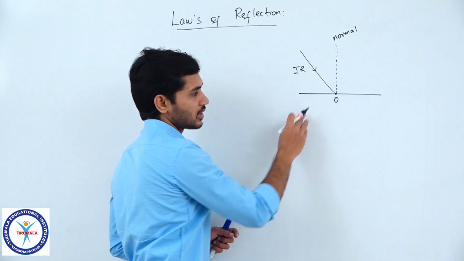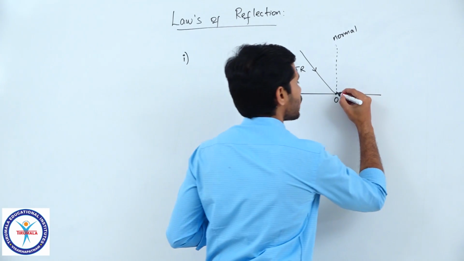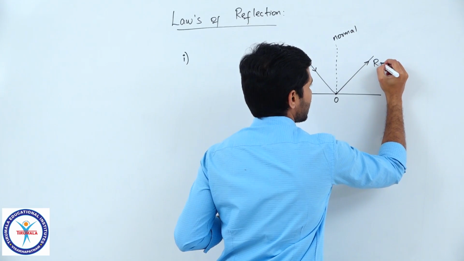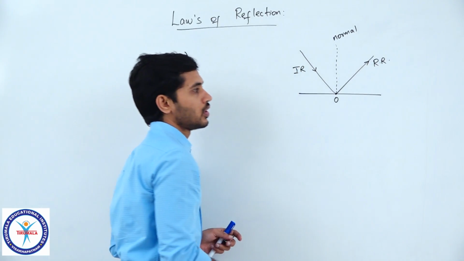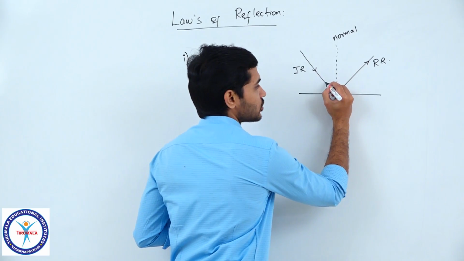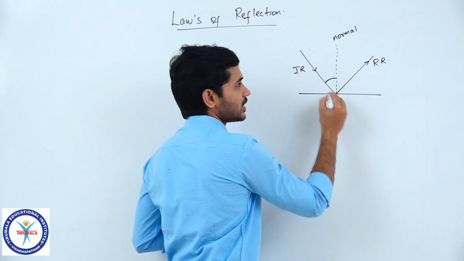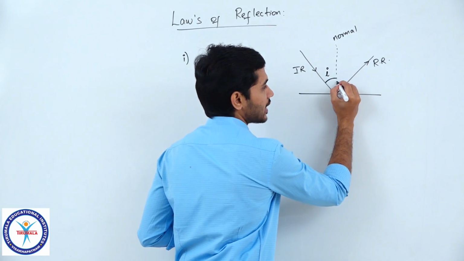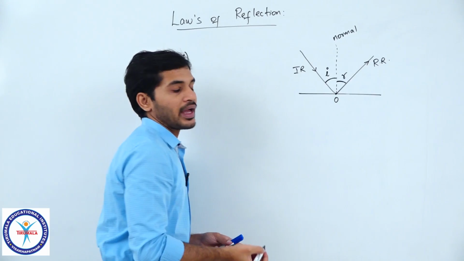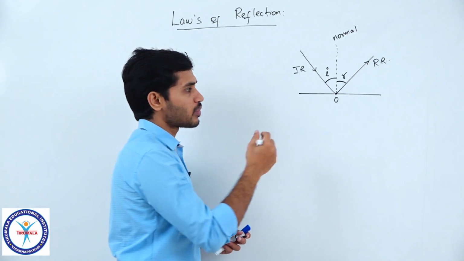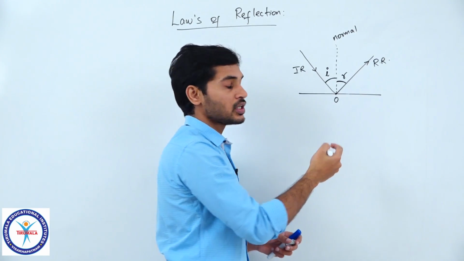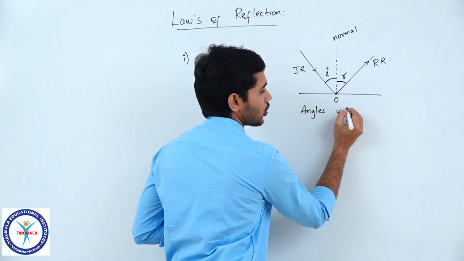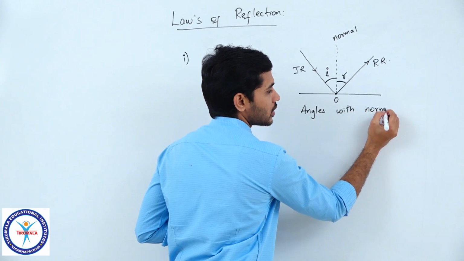Once it gets reflected from this surface, travelling in this direction, let us call it the reflected ray. This angle between the incident ray and the normal I will write as I, and this angle as R, the angle of incidence and the angle of reflection. Remember that the angles of incidence and reflection are measured with respect to the normal. This is something you will have to keep in mind.